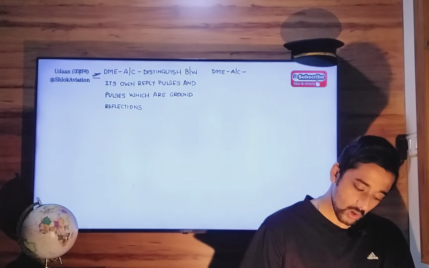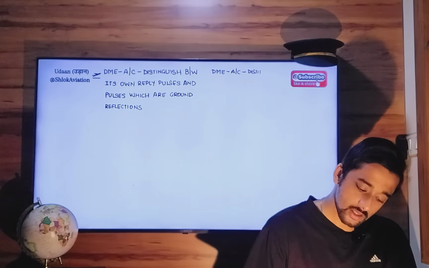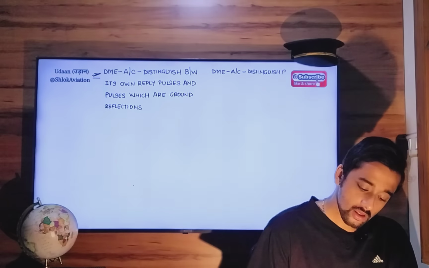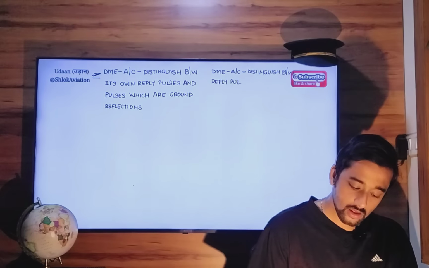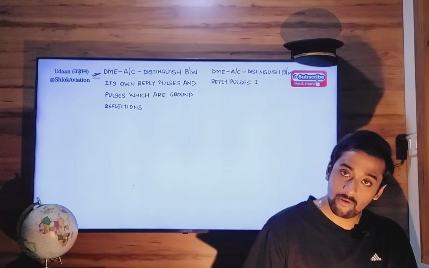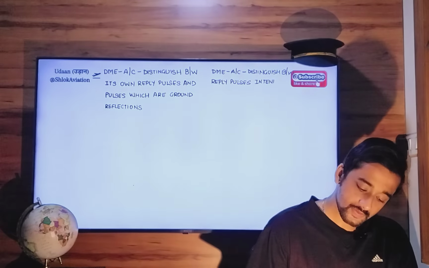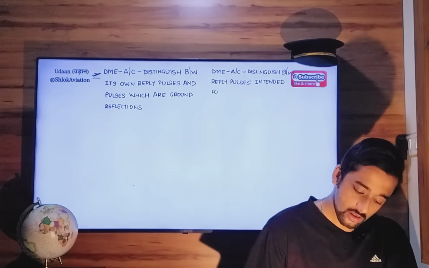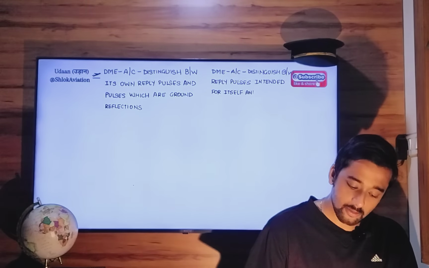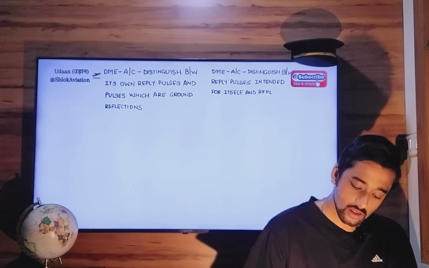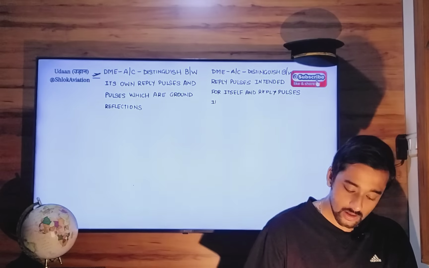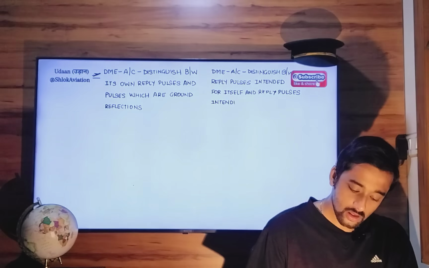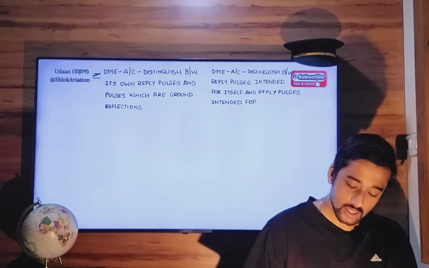In the second scenario, the DME equipment in your aircraft is also able to distinguish between the reply pulses intended for itself and reply pulses intended for other aircraft.